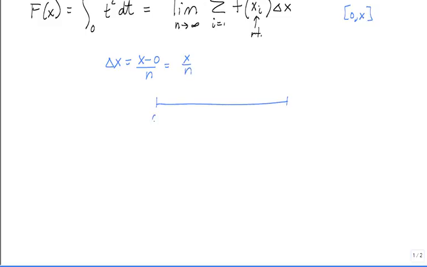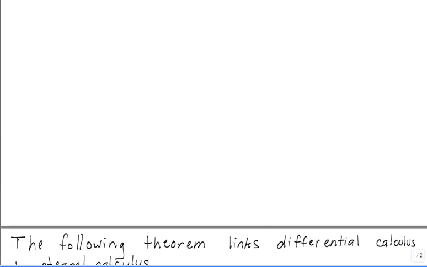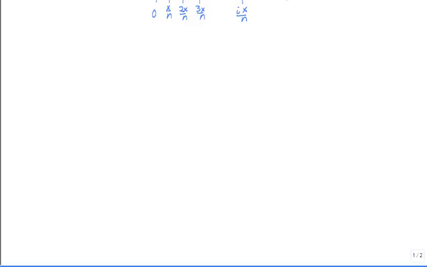And in our case, we're going to start it at 0. So we move over by x over n each time. Then the ith point is going to be ix over n. We use right-hand endpoints. So let's just go from the summation point. The sum from i equals 1 to n of f(ix/n), and delta x is x over n.